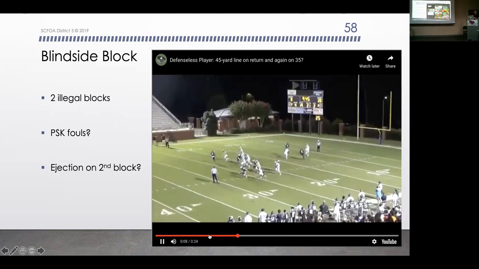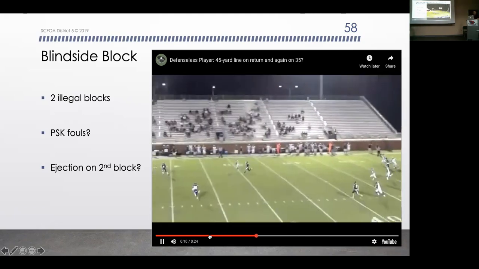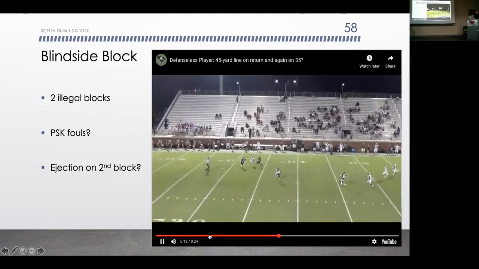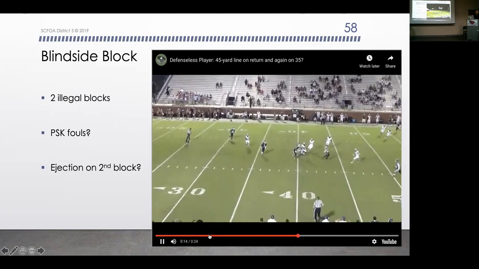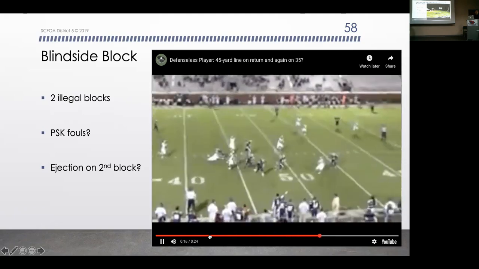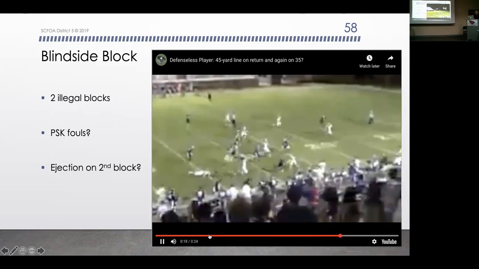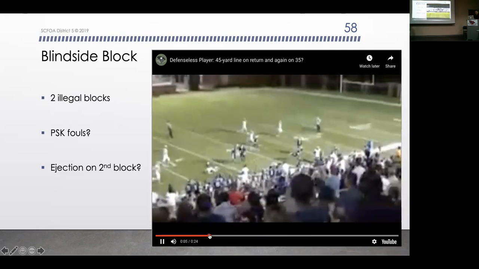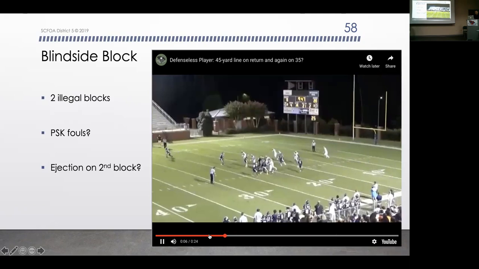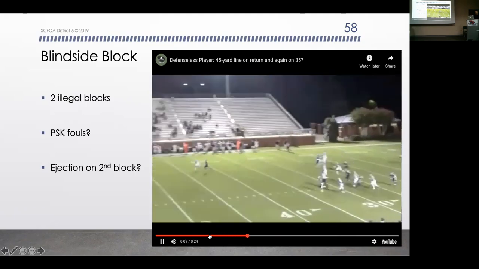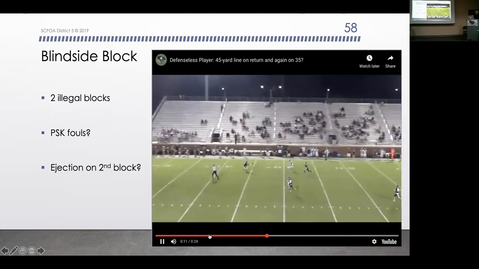So he tries to call a block in the back. There's not a block in the back, far away from the play, from where he's at. And he misses an illegal block right in front of him because he did not have his head in the right spot. He's focused on back here, and he's still looking over here. He missed all of this right here.